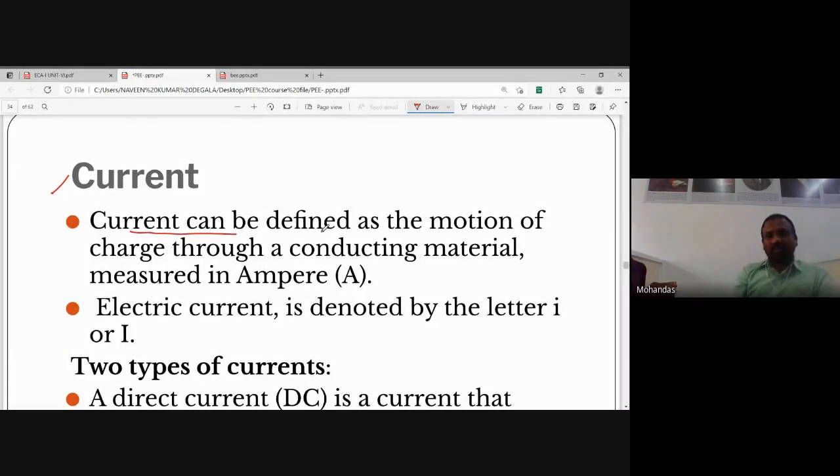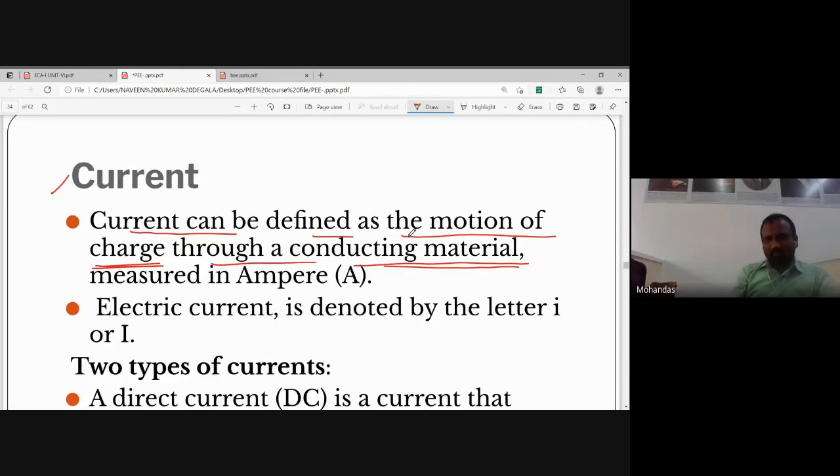Current can be defined as, listen carefully, the motion of charge through a conducting material. It is easily possible in a copper conductor.